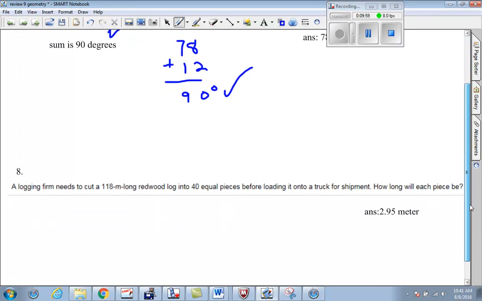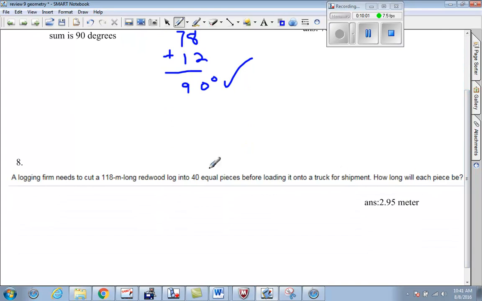All right, now let's try number 8. It says a logging firm needs to cut a 118-meter log into 40 equal pieces before loading it onto a truck. How long is each piece? Now, it doesn't blatantly say, but hopefully you're thinking, boy, we've got to divide. So when you're cutting something large into equal pieces, it's division.